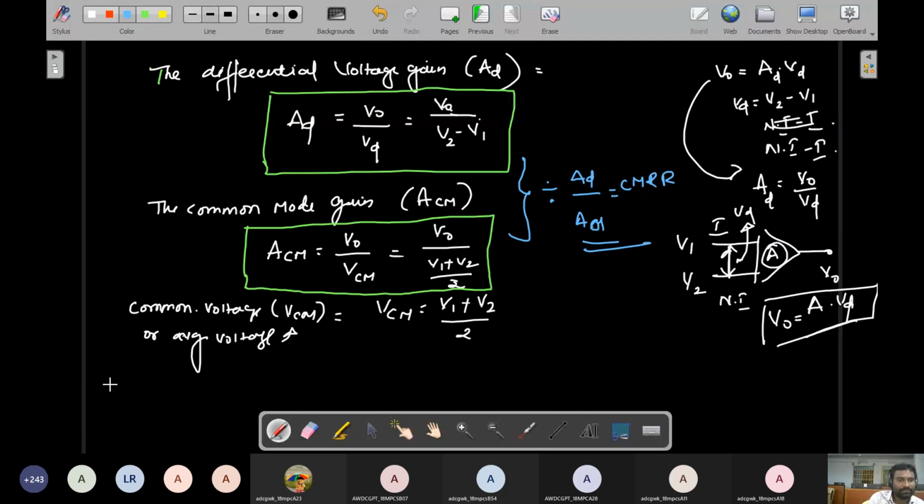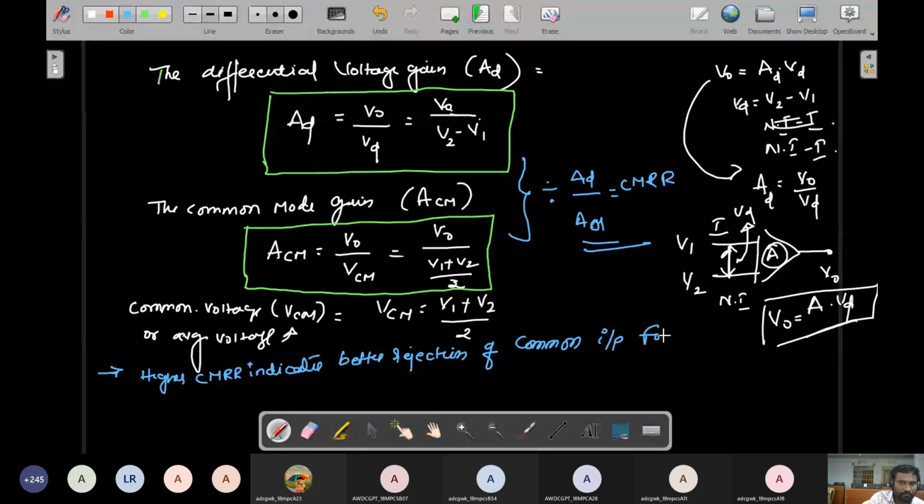Generally, what we observed is that a higher CMRR indicates better rejection of common input for an ideal differential amplifier.